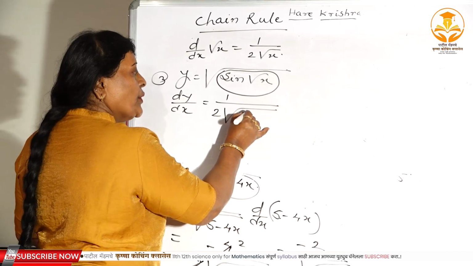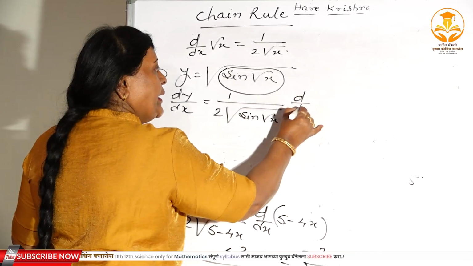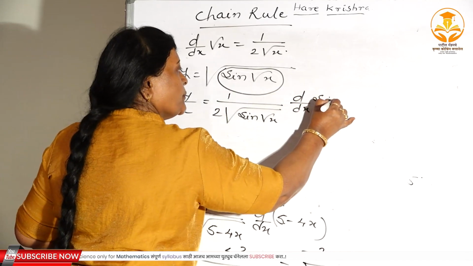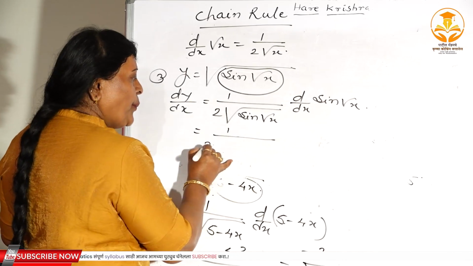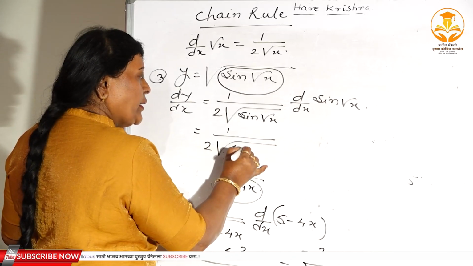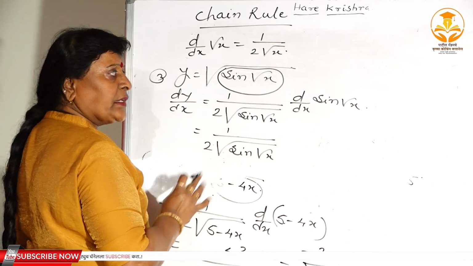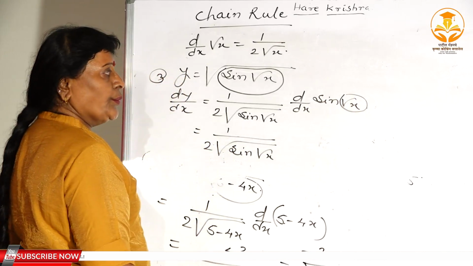What is u? Sine root x. Again you have to consider d dx of u ठेवून काढलं, and what is u? Sine root x. Again 1 upon 2 sine root x. See, you know the derivative of a sine x, you don't know the derivative of a sine root x. Again here you have to substitute u.